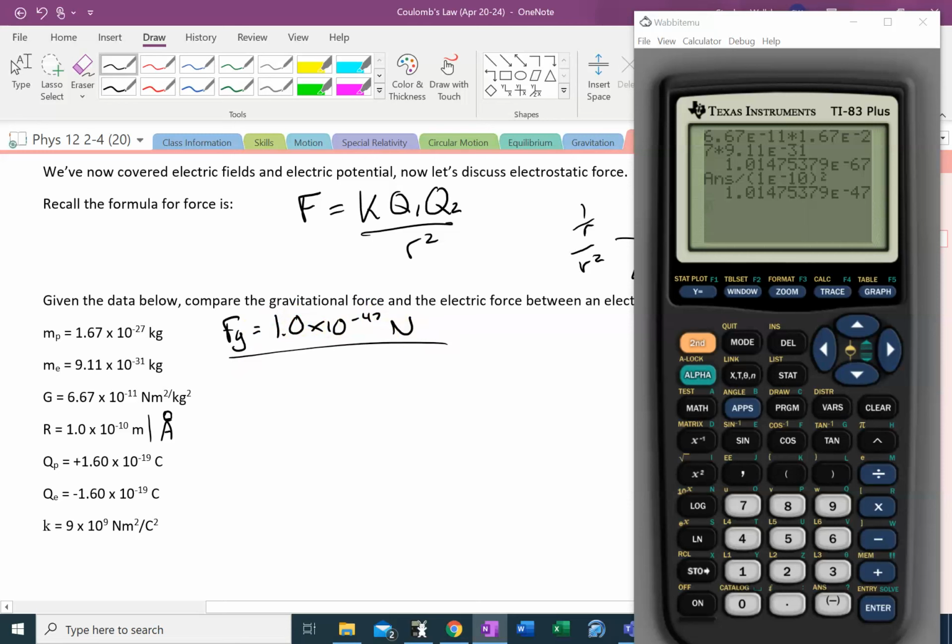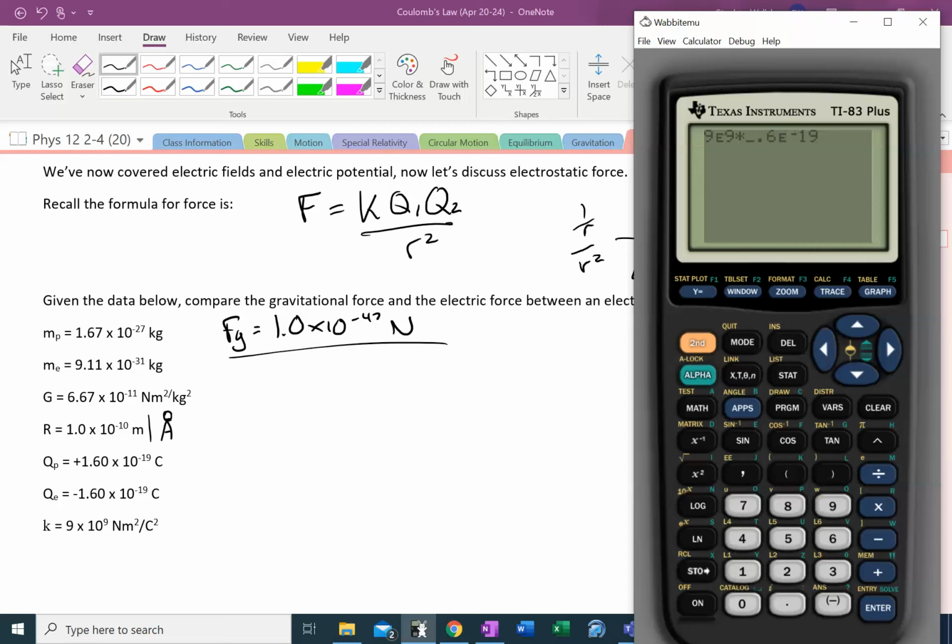Okay, let's take a look at the electrostatic force. So in this case here, we're going to have our k, so 9 times 10 to the 9, k times Q1 times Q2. Now Q1 and Q2 are both the same, so I'm just going to put times 1.6 times 10 to the minus 19.